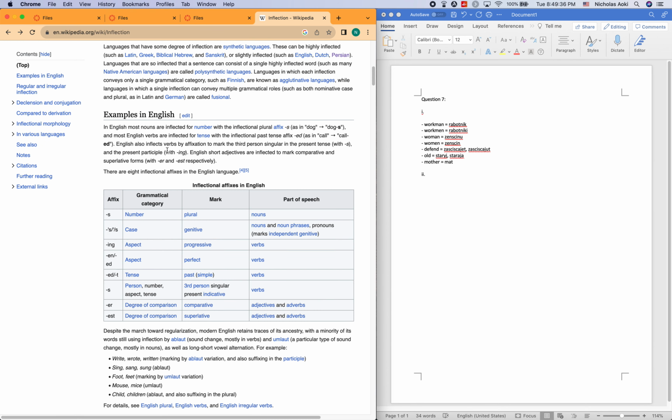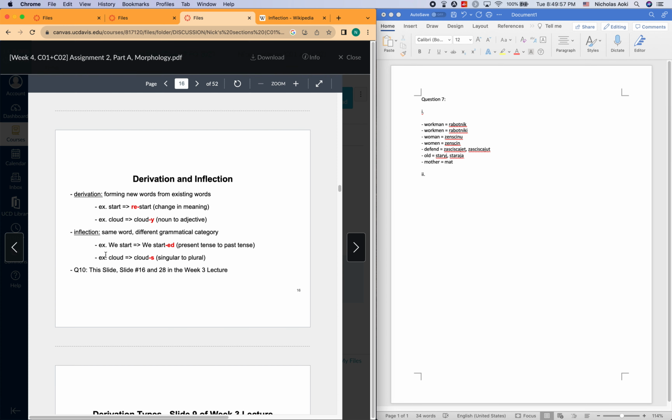There are different grammatical categories that we see across languages that are consistently associated with these inflectional affixes. So the marking of nouns as singular or plural is very common across languages, and we call that inflecting for number. So here in this example, we would say that by adding the suffix s, we're inflecting in English for number.